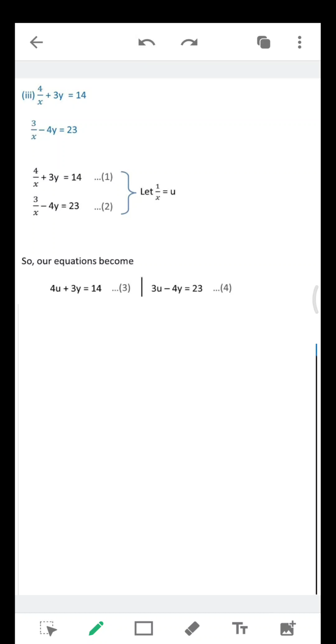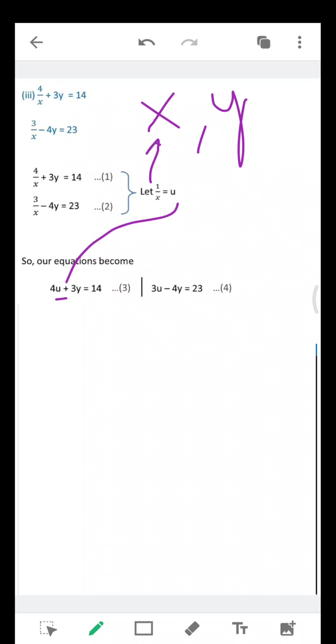Okay, we have to find actually x and y value here, not u and y. We have to find x and y. But after finding this u value, I will get x value if I substitute. That u value if I substitute here, I'll get x value. Okay, y value I get directly from equations. So there are no conversions for y.